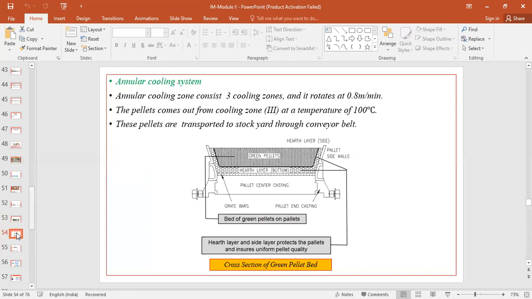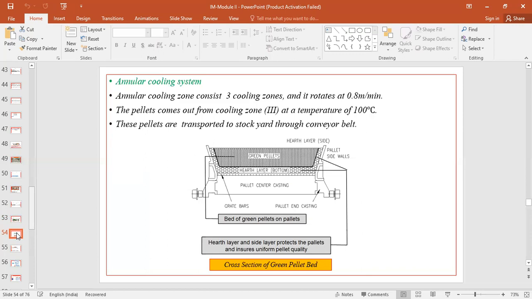Then followed by that, you have an annular cooling zone, which consists of 3 zones. This annular cooling system is divided into 3 different zones, and it rotates at a speed of 0.8 meter per minute.